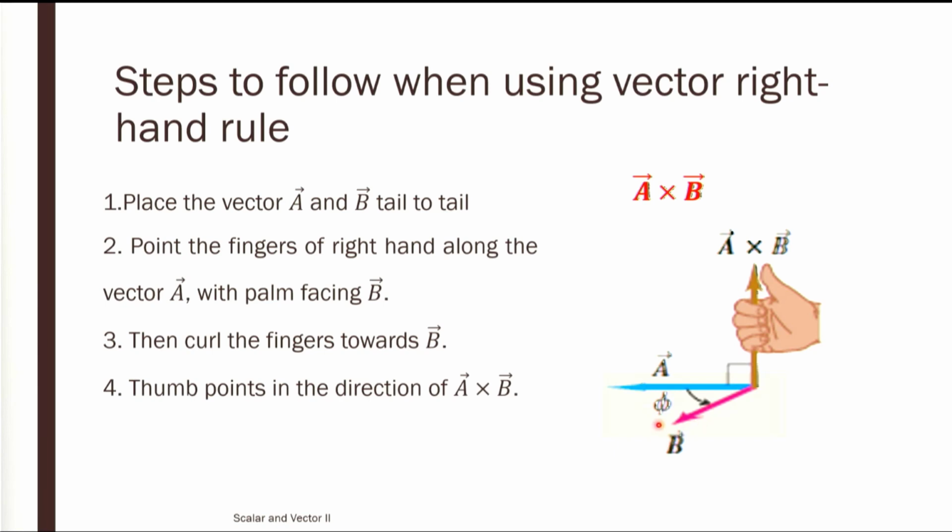For A cross B, I am going to place my right fingers along A, and then curve them towards B. Then my thumb pointing up is the direction of A cross B. And that is the method of the right hand rule.